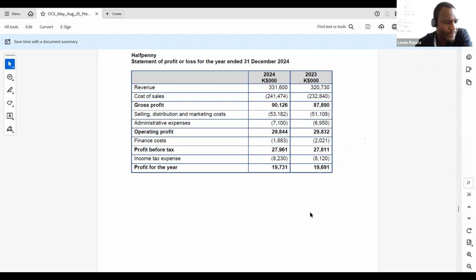Our operating profits, I did some numbers there. If you look at our operating profit, it's just a very small, insignificant increase, which is something to think about, because our operating profit is not changing that much, but with the 3.4% increase in our revenue, we need to do a bit of numbers to see why.